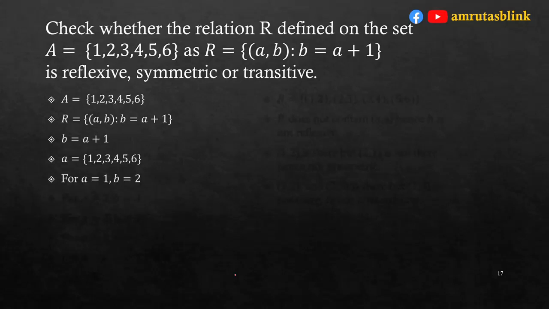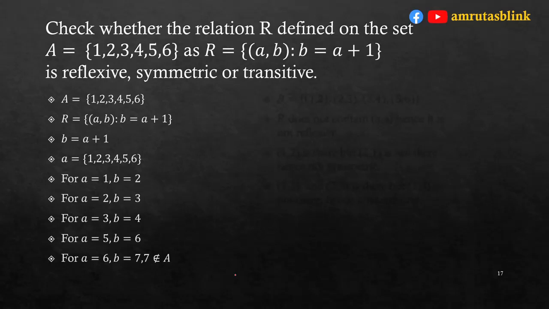Suppose a = 1, then b = a + 1, that is 1 + 1, and hence b = 2. For a = 2, similarly b = 3. For a = 3, b = 4. For a = 5, b = 6. For a = 6, b = 7.